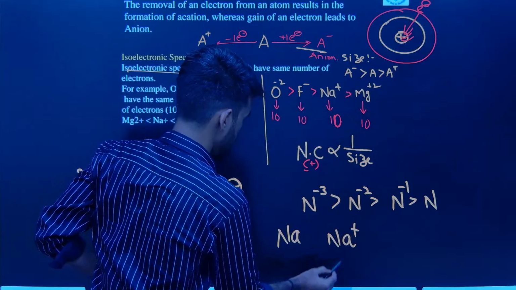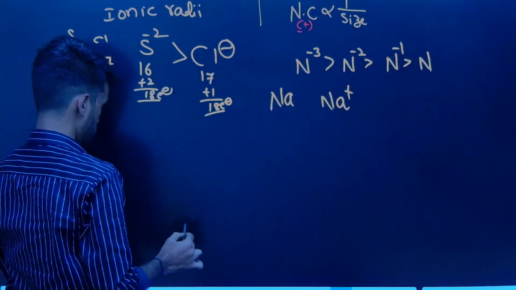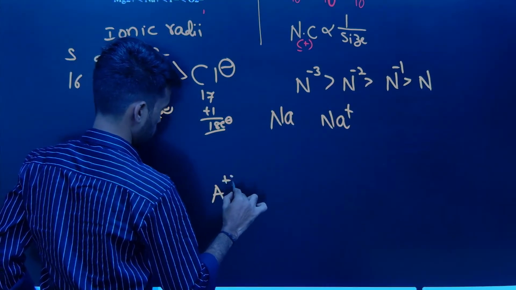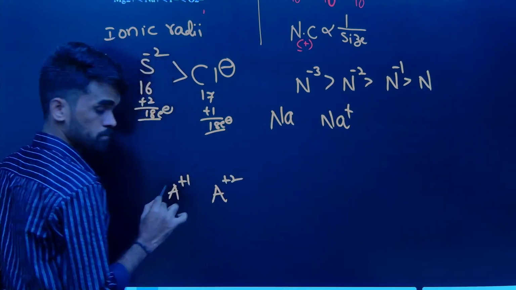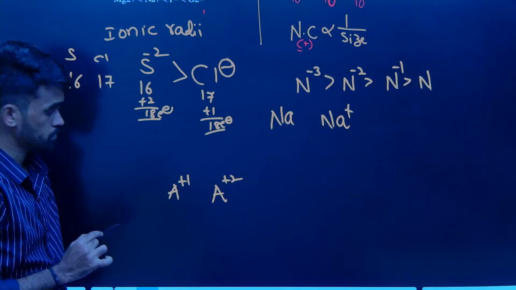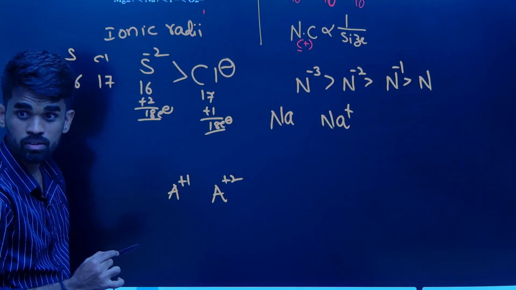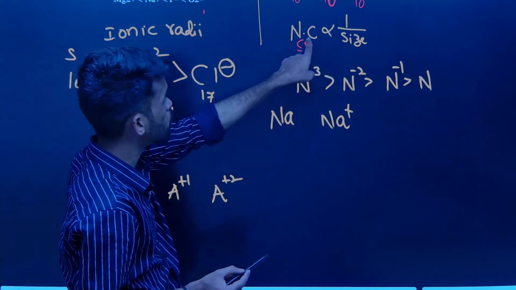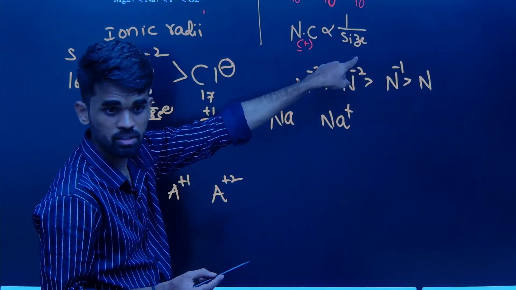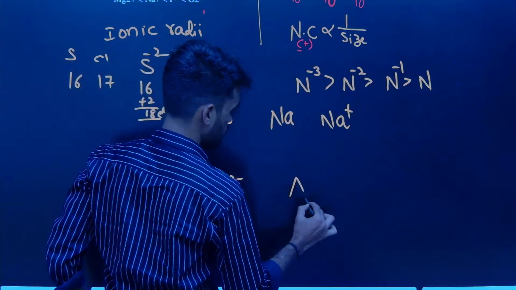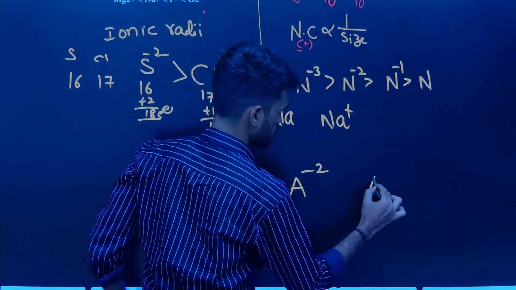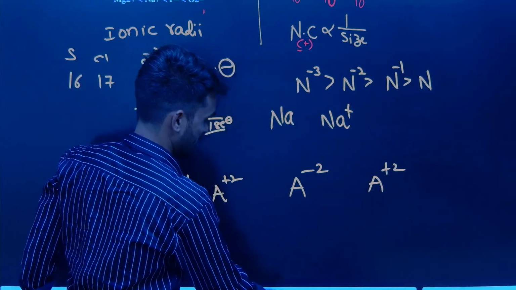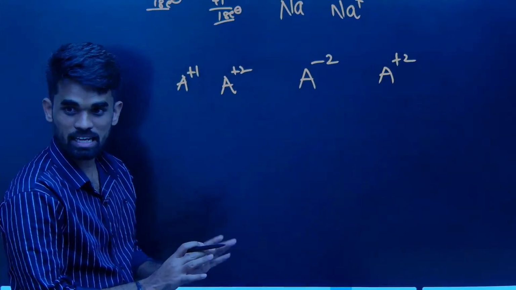Next. Why are you getting confused again? More positive charge, smaller the size. Okay, next. So everything is clear about this ionic.